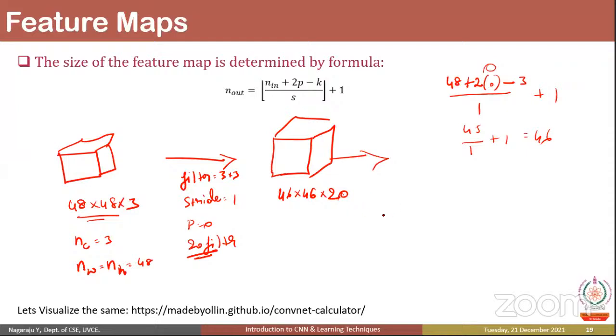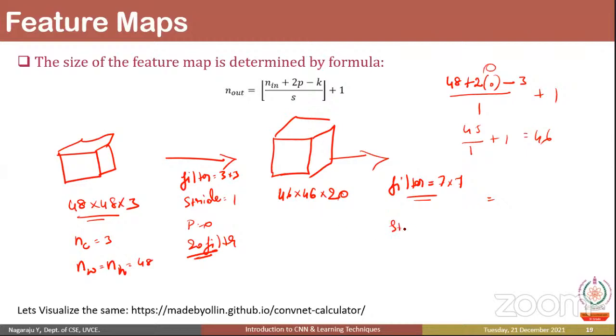Let's take one more example with a different kernel size. If I take a filter of size 7 × 7, again the strides are the same. So what will we get as our output?